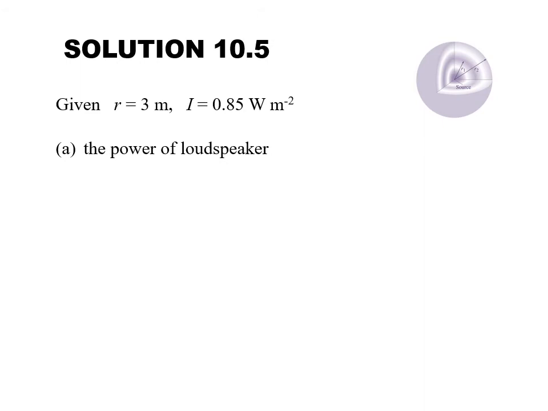Solution 10.5. Given r equals 3 meters and intensity equals 0.85 watts per meter squared, you need to find the power of the loudspeaker. So, you know I equals P over A, power over area. To get the power, we just rearrange from here. As you all know, the area itself is equal to 4 pi r squared.